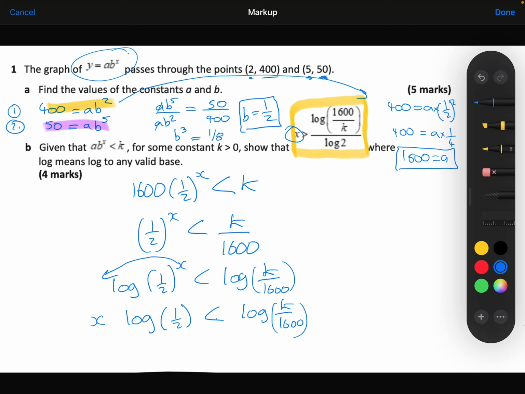Now, one thing that I notice at this stage, the log of 1/2, I know that I can rewrite that as minus log 2. Remember, log of 1 over anything is the same thing as minus log of that number. So log 1/2 is the same thing as minus log 2.